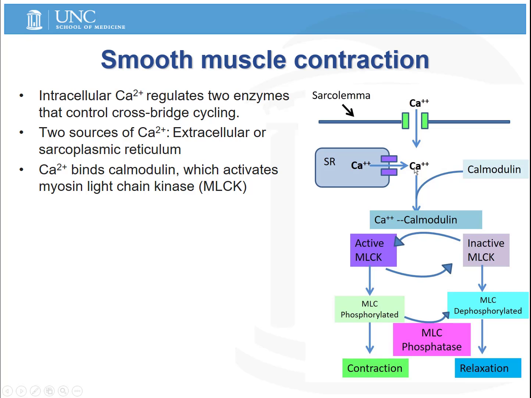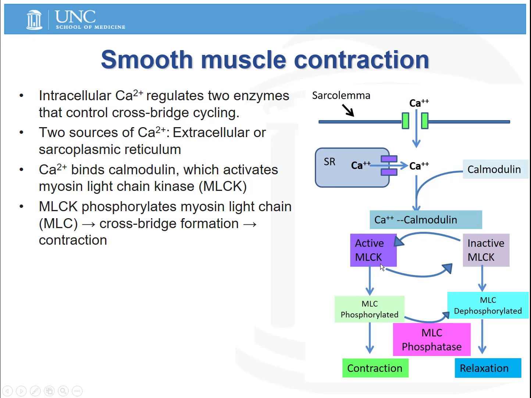First, calcium binds to this protein in the cytoplasm, calmodulin, and that calcium-calmodulin complex binds to and activates the myosin light chain kinase. When activated, the myosin light chain kinase phosphorylates the myosin light chain, and that phosphorylation changes the conformation of the myosin head, allowing myosin to bind actin, initiating cross-bridge cycling and producing this tension or contraction.